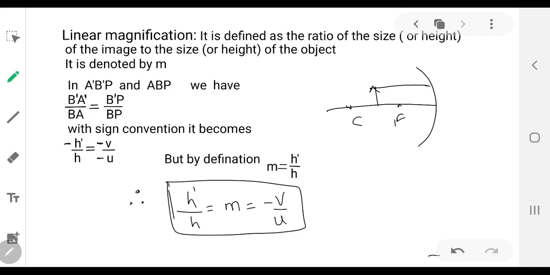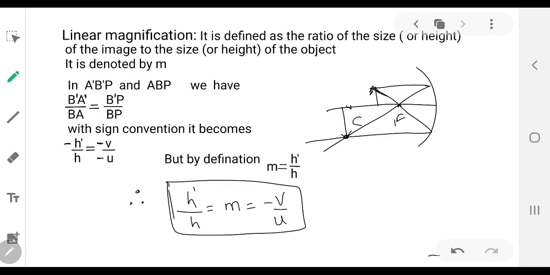First line we have to take is parallel to the principal axis, which passes through the F after reflection. The second ray we are taking passing through the principal focus, after reflection becomes parallel to the principal axis. So wherever those two rays meet is our image formation point. So here is the image that we are going to get.